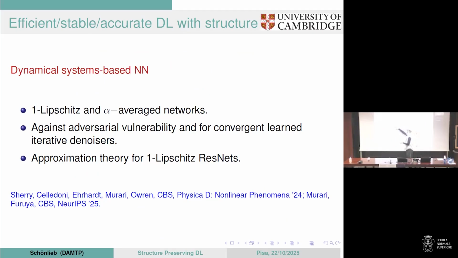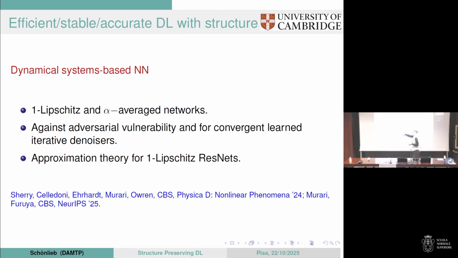Having these layers be alpha-averaged allows you to show that what you're converging to is a fixed point at the end, if you would go on forever, which of course you don't. I'll explain this in a moment. This is just an overview. I've explained this from an inverse problems viewpoint. One-Lipschitzness, of course, also appears as a means against adversarial vulnerability.